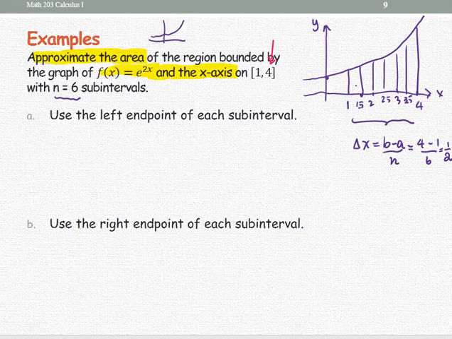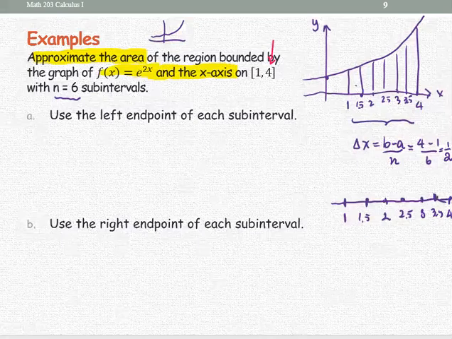I'm going to draw another real number line to represent all the points that we're going to use, starting from a, which is 1. The next are 1.5, and then 2, 2.5, 3, 3.5, and the last one is 4. So in total we have 7 points for 6 subintervals.